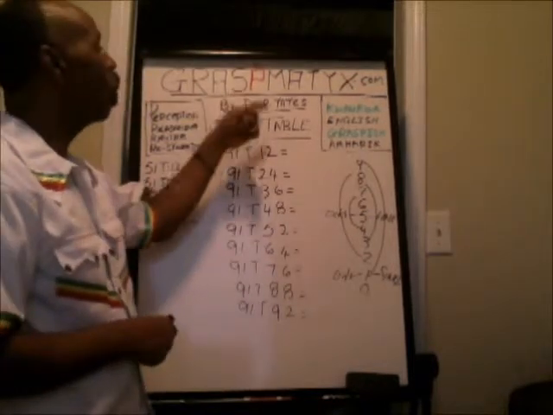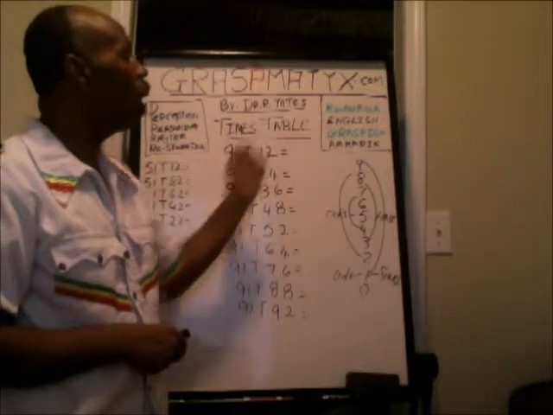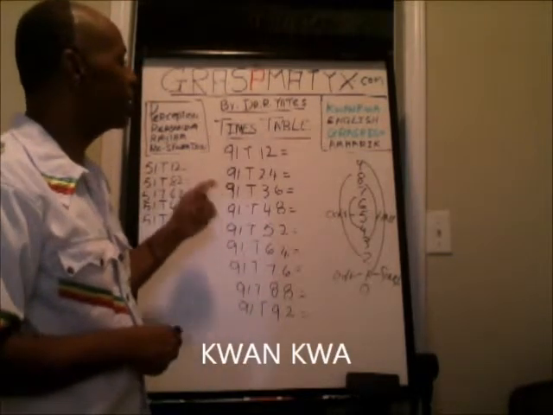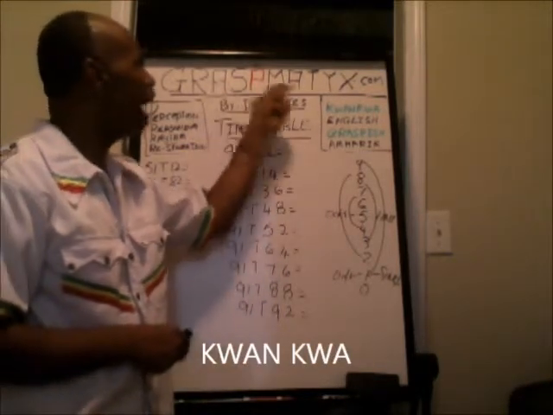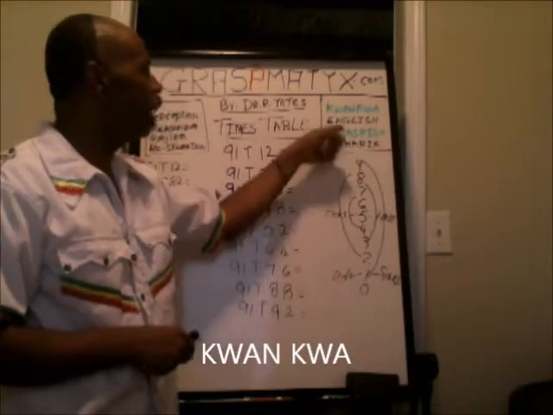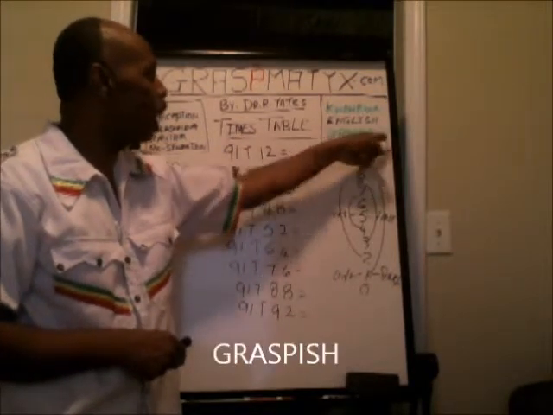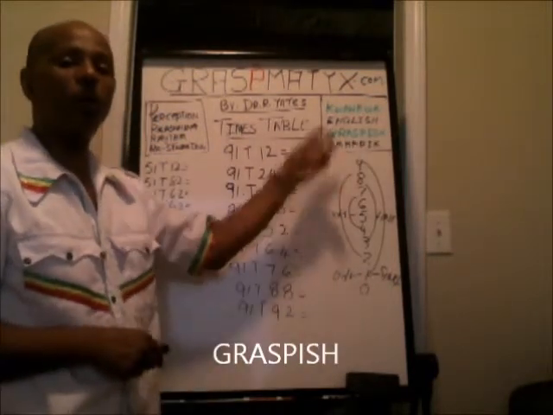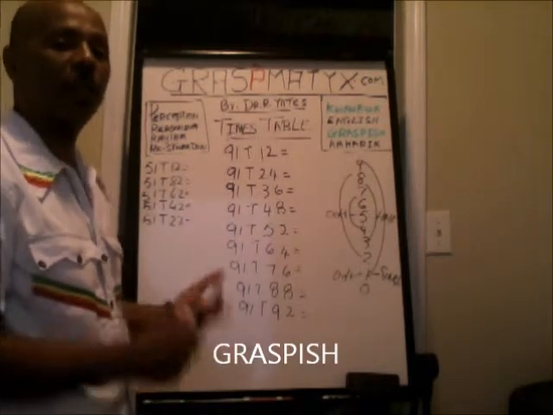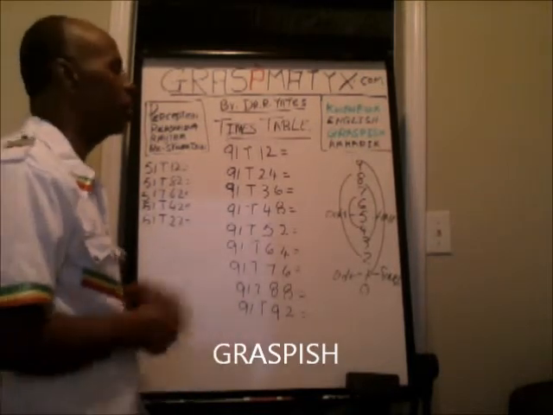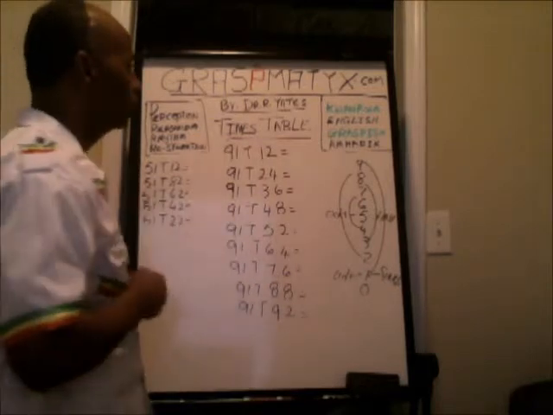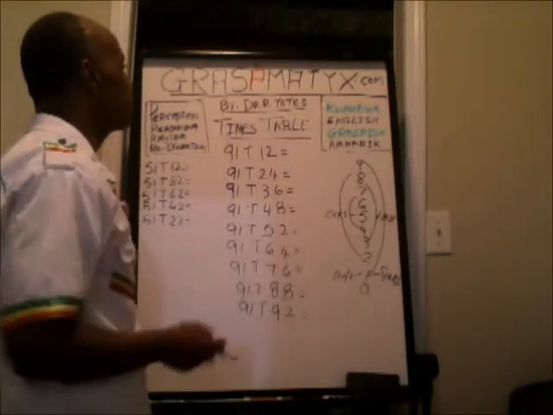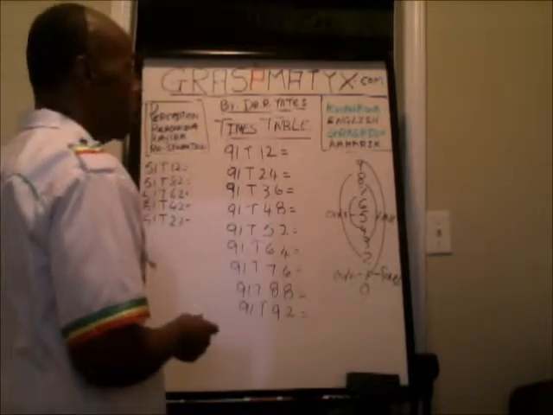That is the reason why Dr. Yates teaches this math called Graspmatyx in the language called Graspish or Amharic. It makes sense to teach this math in these languages, which are best used to teach the math instead of English.